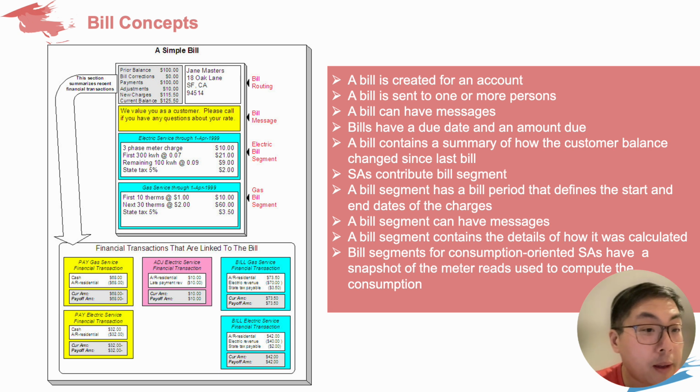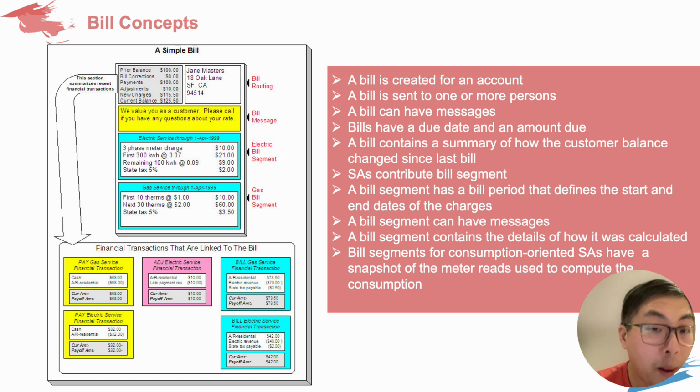Okay, and then at the back of this bill, we have the financial transaction on the bill, which is in blue. And the financial transaction, as we mentioned last time, is based on the bill segment, and the adjustment and the payment segment. So what happens is if you have two bill segments, then that means two financial transactions are generated.